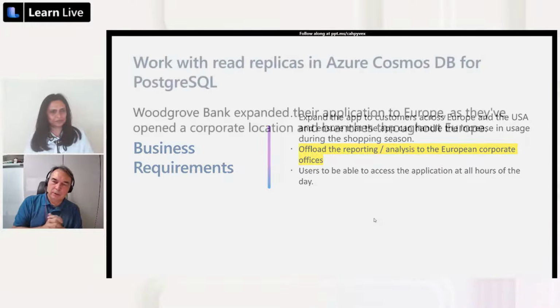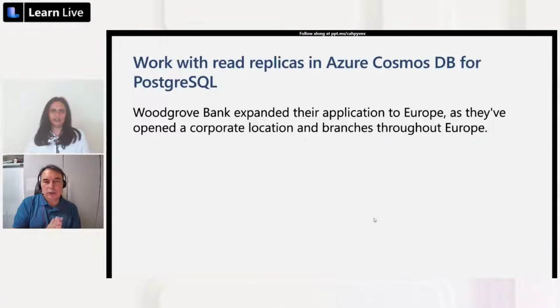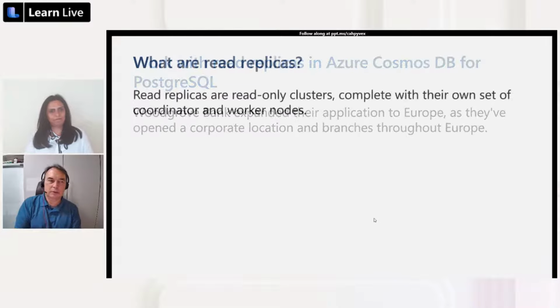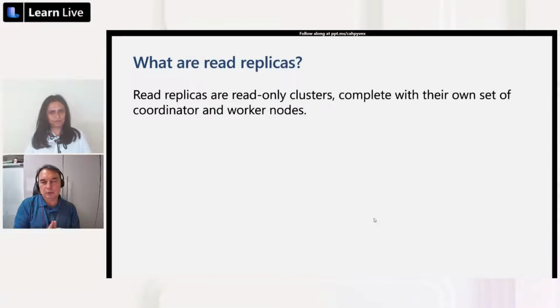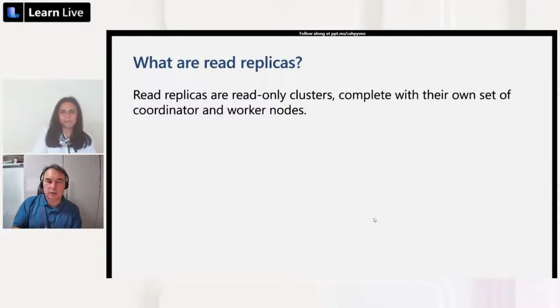Right. In such a scenario, we usually aim to provide a read-only copy of the database because it's good enough for generating reports and analyzing the data. Such a copy or replica doesn't require any read-write operations, so it's enough to be readable.